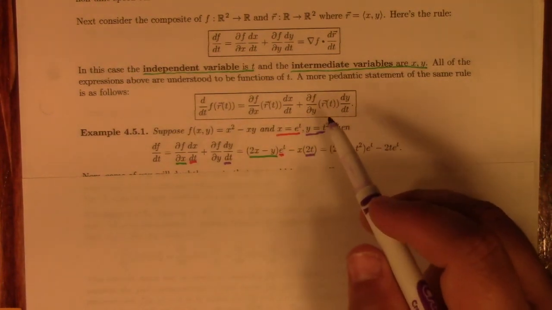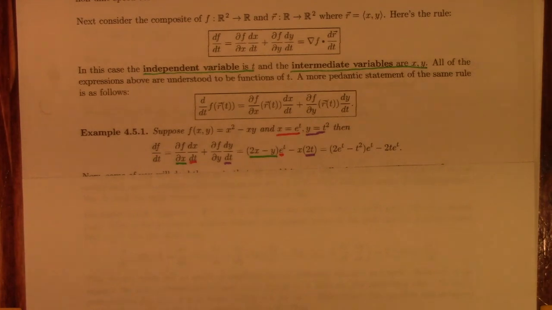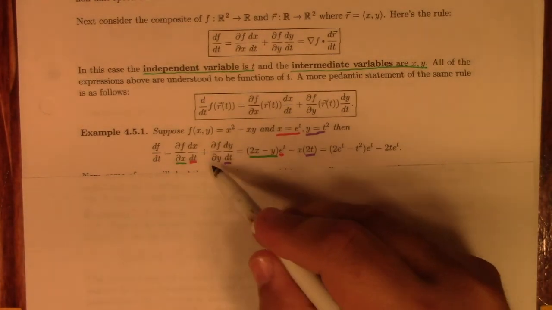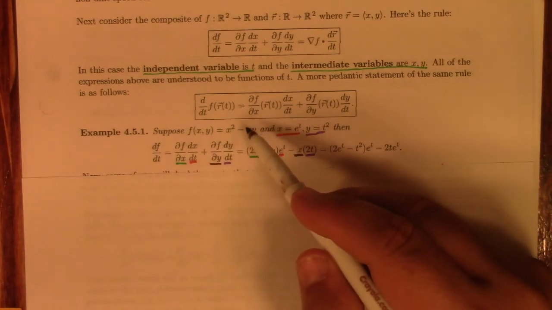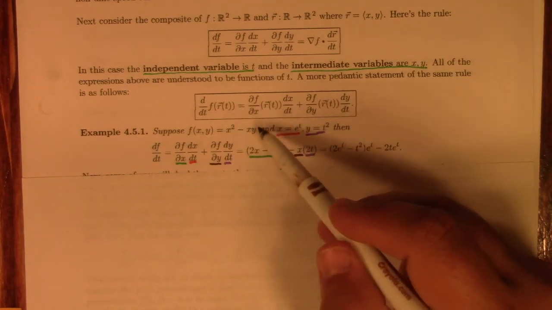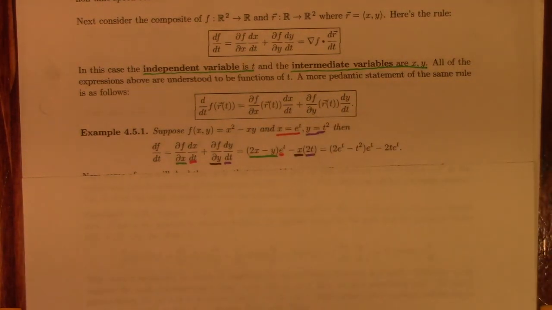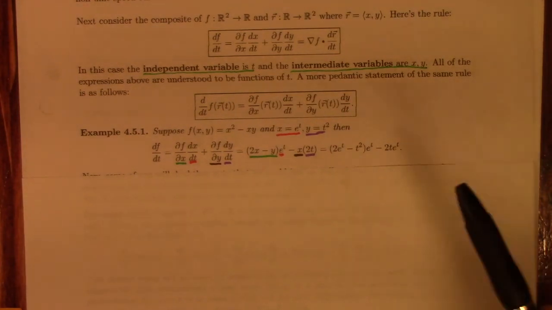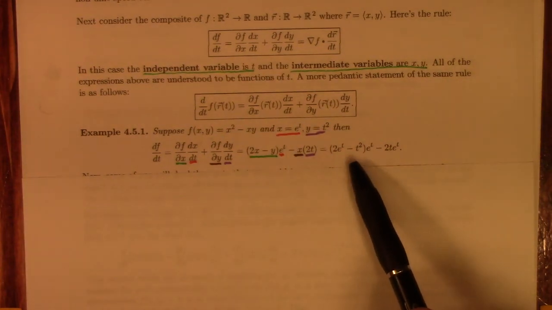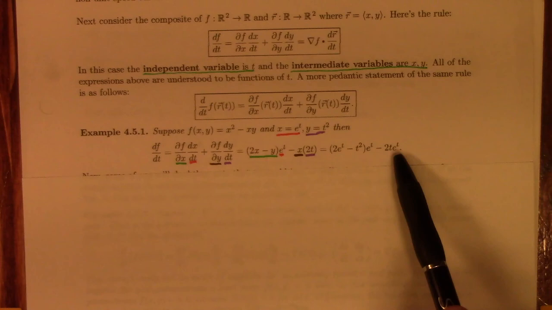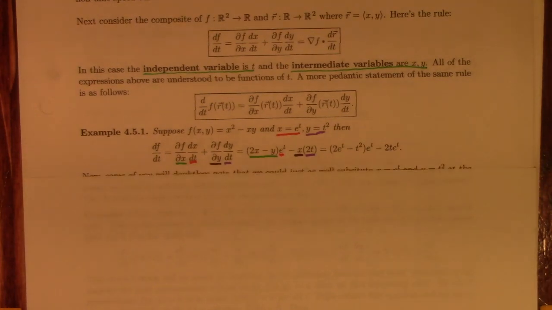And the partial f partial y is exactly this minus x term, because when we calculate the partial derivative with respect to y of f, we just get minus x. And then you can plug back in x equals e to the t and y equals t squared, and you get this lovely expression right here.